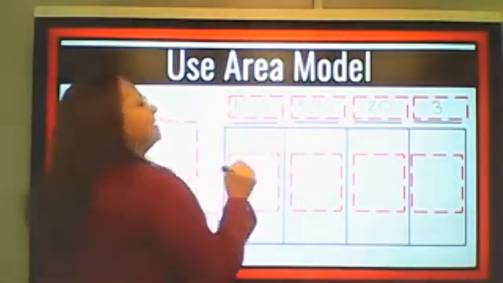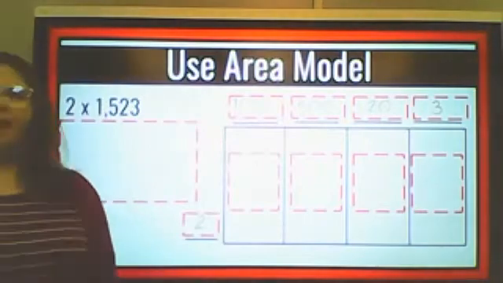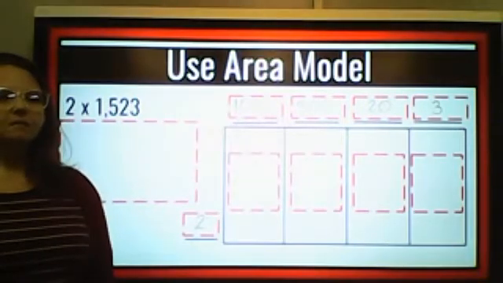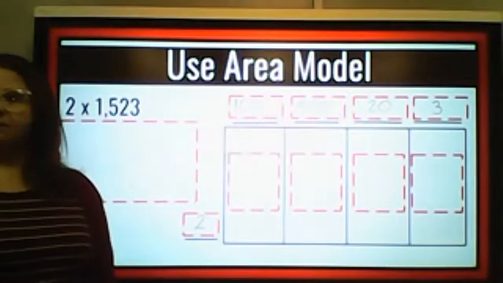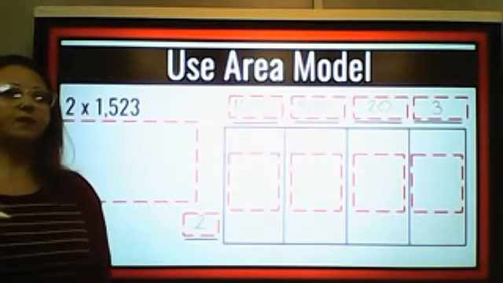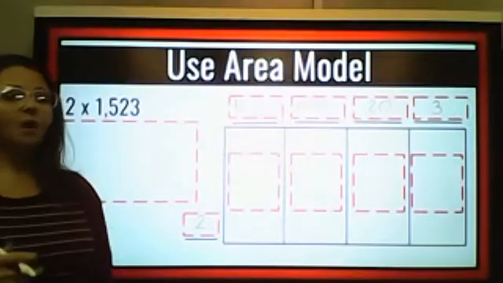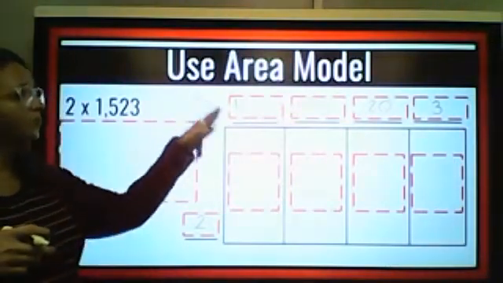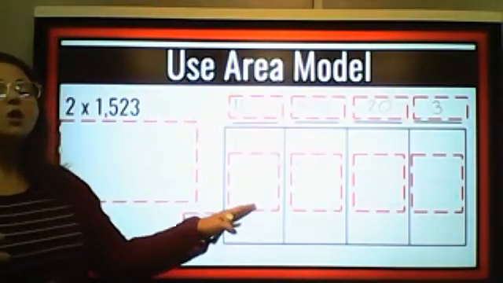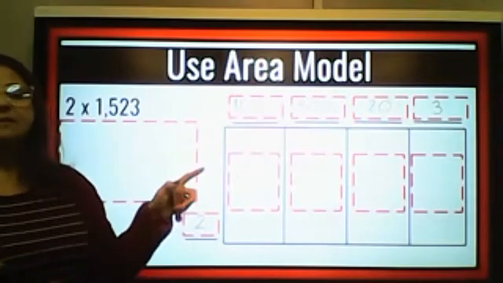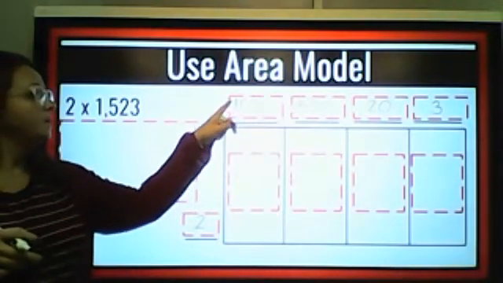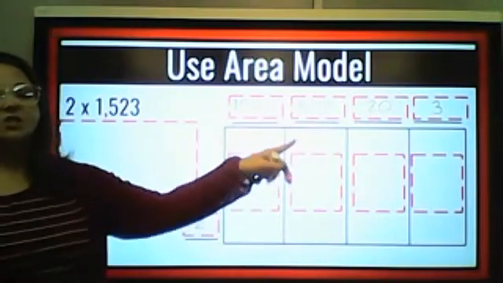So please stop shouting out answers ahead of me. Y'all, it's great that you know that 2 times 1,000 is 2,000. That's good, but that's not what I'm asking. I want to know that you can do the distributive property. You have to be able to put what goes in each box.